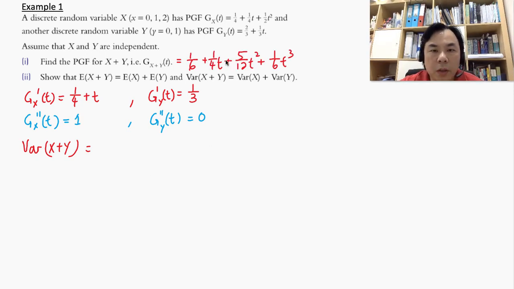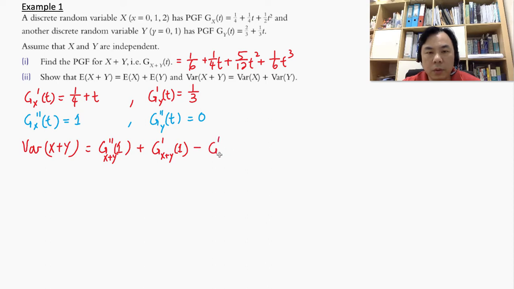All right, so after checking, this is the combined probability generating function between X and Y. For variance, it will be given by the second derivative of 1 here, X plus Y, and then we have the first derivative, X plus Y, and then, of course, we need the first derivative, X plus Y, at 1, squared.